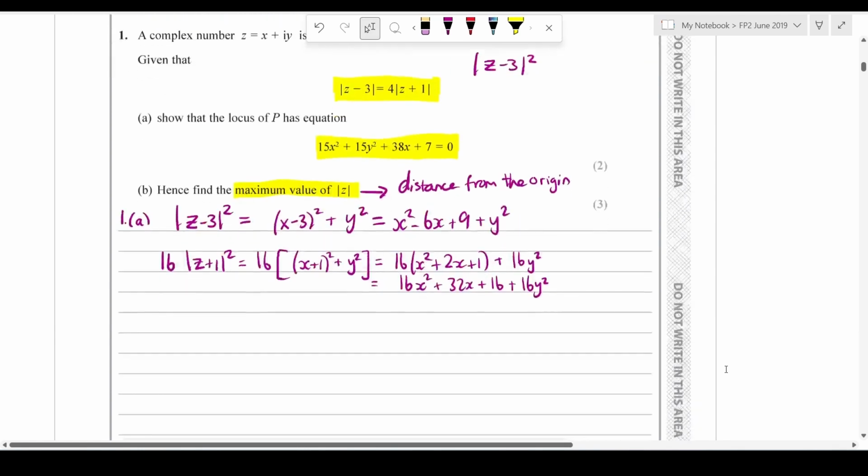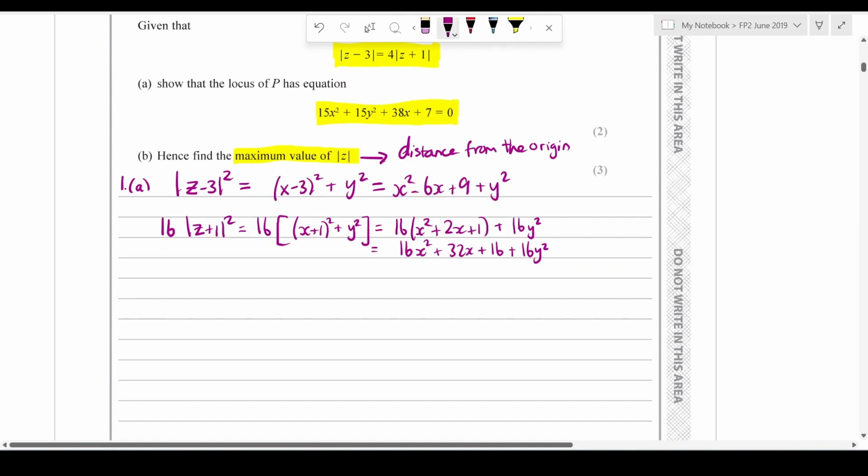Okay, so let's try and set these things equal and see what we're going to get. So I've got x squared minus 6x plus 9 plus y squared, and that's going to be equal to the expression 16x squared plus 32x plus 16 plus 16y squared. Now let's rearrange everything to get 0, as we've got in this equation.